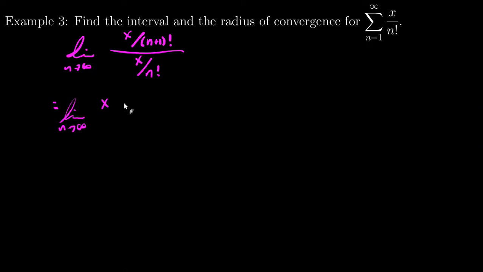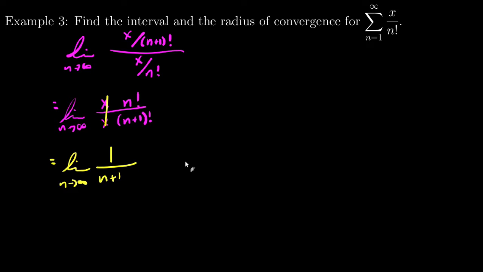So x to the n plus 1 times n factorial over x to the n times n plus 1 factorial. And in here we can see the x's cancel, and n factorial over n plus 1 factorial is 1 over n plus 1. I'll explain why in a second.